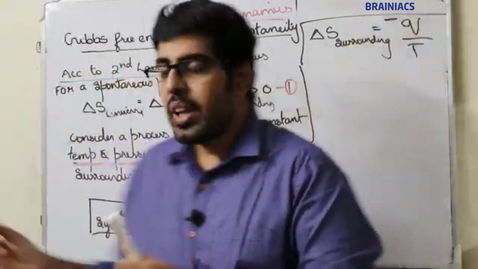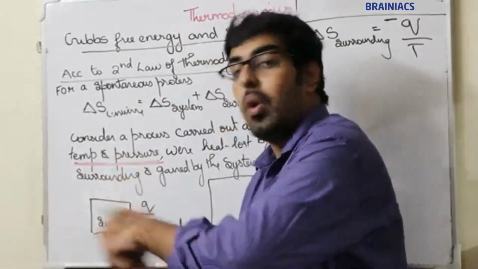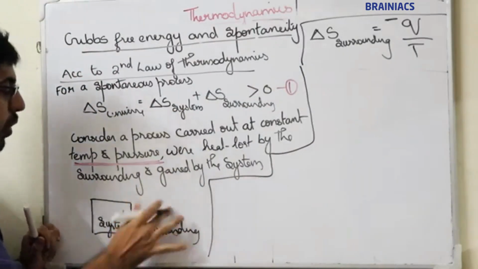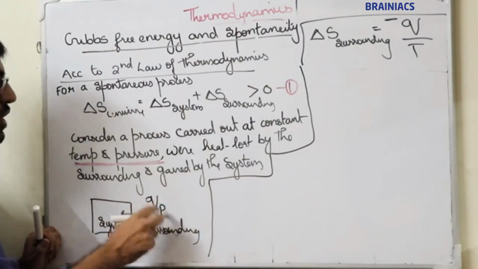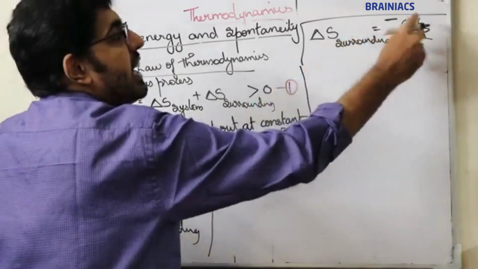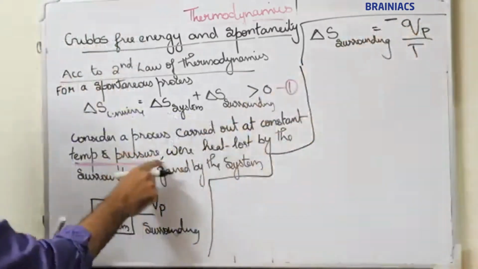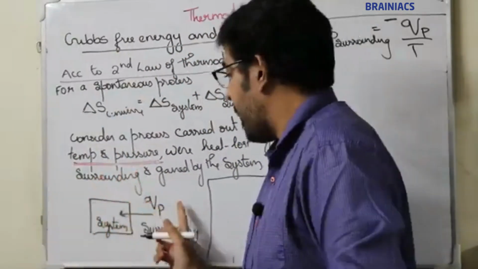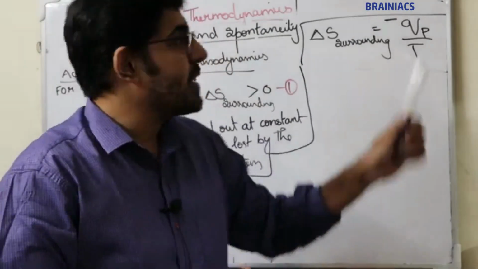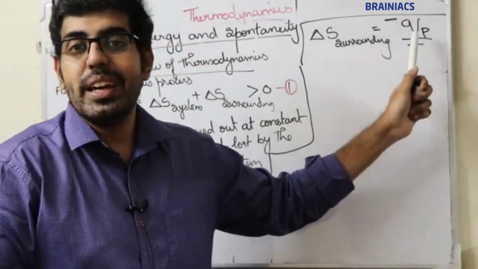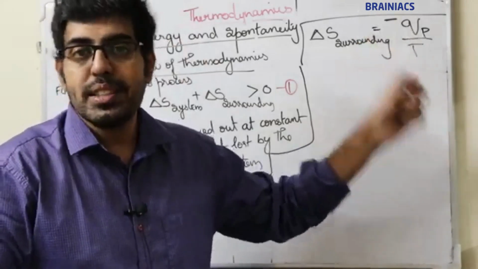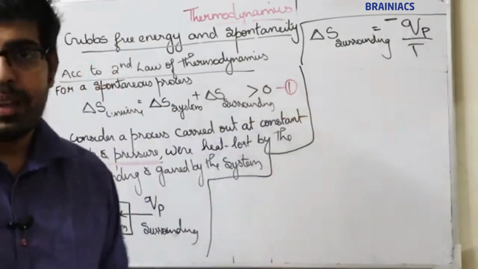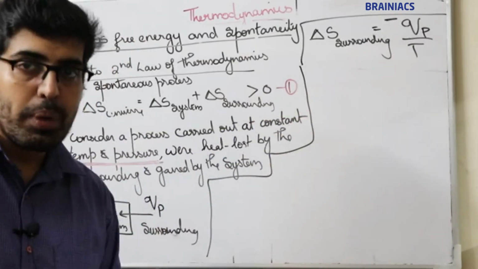Because the surrounding is losing heat energy at constant pressure. Let it be QP, heat at constant pressure. Pressure remains constant. So the surrounding is losing heat energy, so negative indicates heat energy liberated by the surrounding. So delta S surrounding is equal to minus QP by T. I think it's clear.